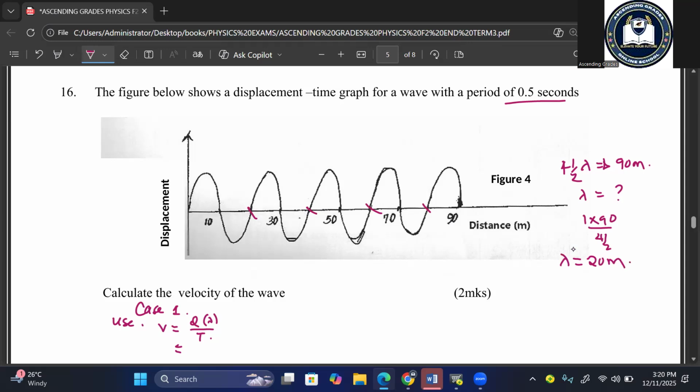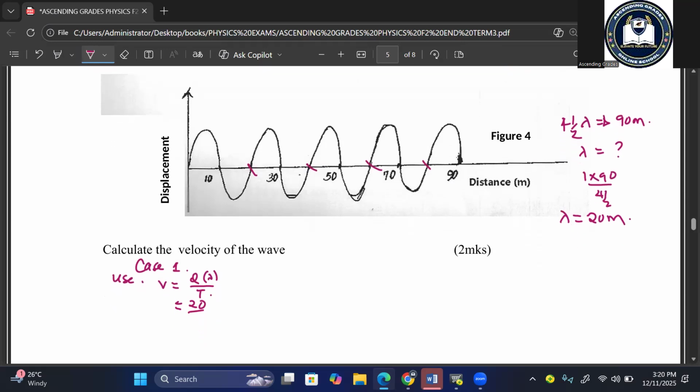So I substitute here and say 20 divided by 0.5. You get 40 meters per second.